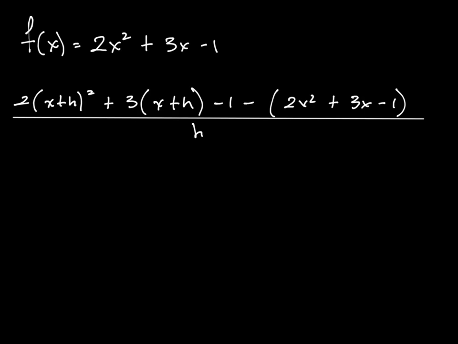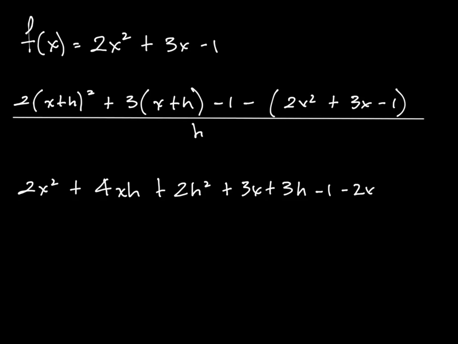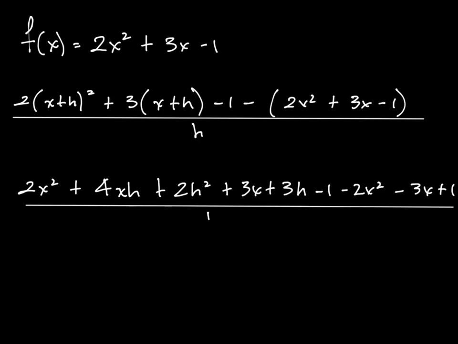Same distribution, so anything that has a quadratic in it is going to expand the same way. So here we'll get 2x squared plus 4xh plus 2h squared plus 3x plus 3h minus the 1. Then we'll subtract that original, minus 2x squared minus 3x plus 1, all over h.